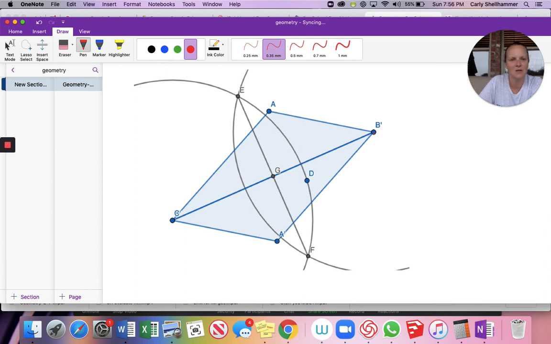A, B, what is it corresponding with? Corresponding with C, A prime. Which is sort of silly, I know, but I can mark tick mark and tick mark. I can also say that AC prime is congruent to or is corresponding with BA. So I want to mark that with something different. So 2 tick marks. And then the diagonal here is actually corresponding with itself. So 3 tick marks.